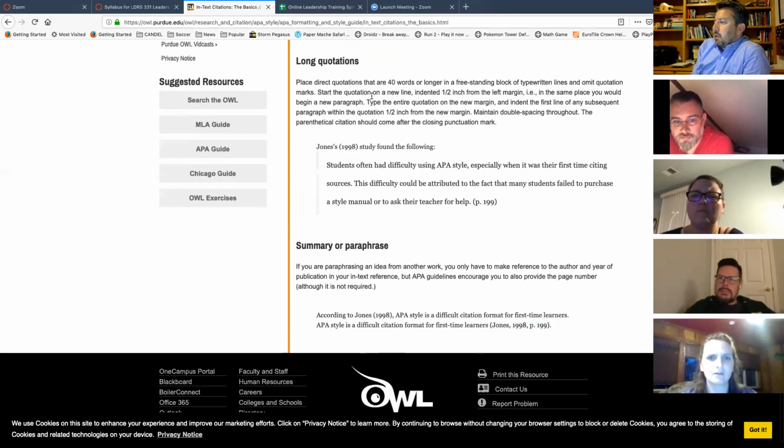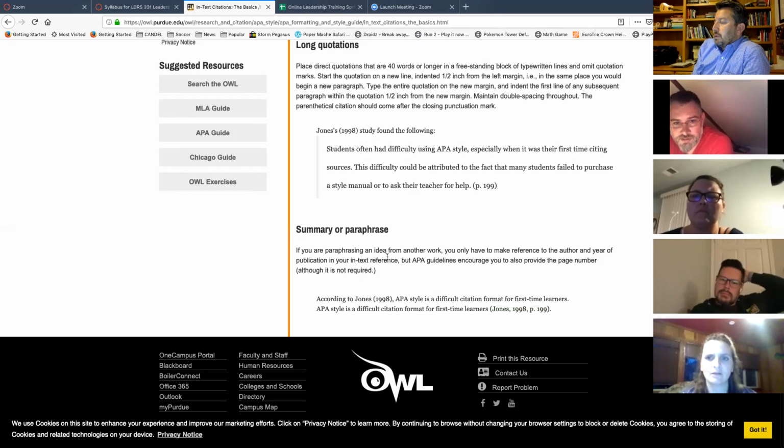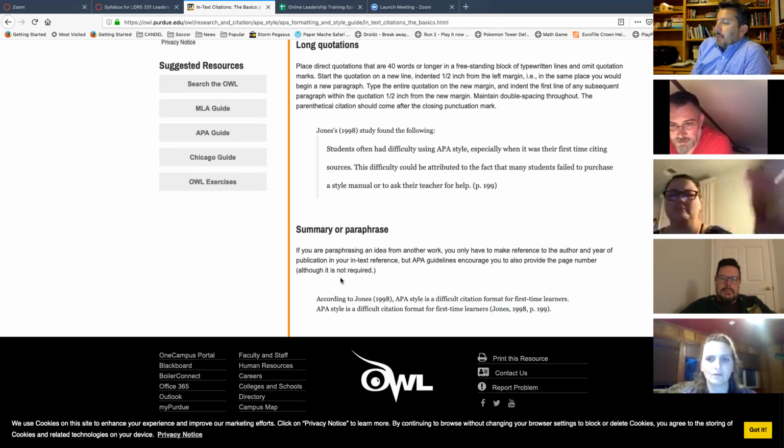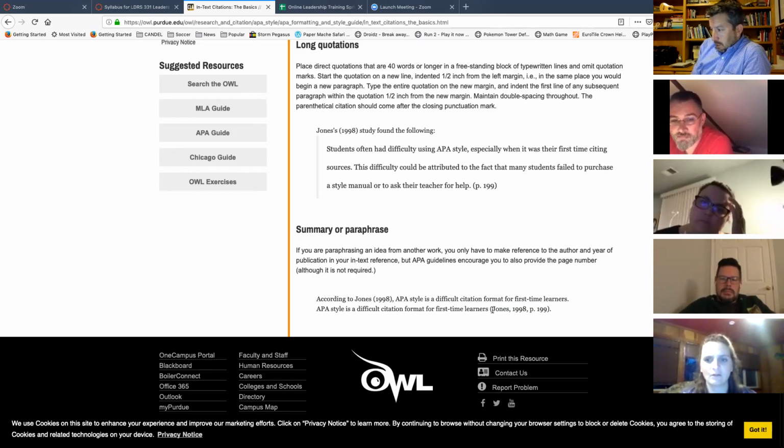It says right there where you are, but APA guidelines encourage you to also provide the page number, although it's not required. Yeah, they kind of encourage the second option. What I would do is do the second option here with the page number and not worry about this right here.